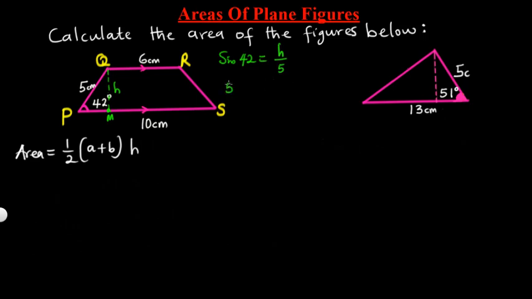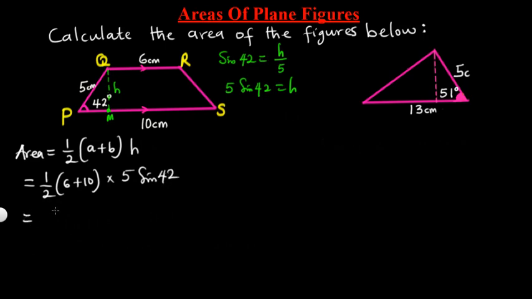So we can say 5 sine 42 is equal to the height, right? Then we substitute that into this, so the area becomes 1 over 2, open bracket, the sum of 6 plus 10, multiplied by the height, which is 5 sine 42.